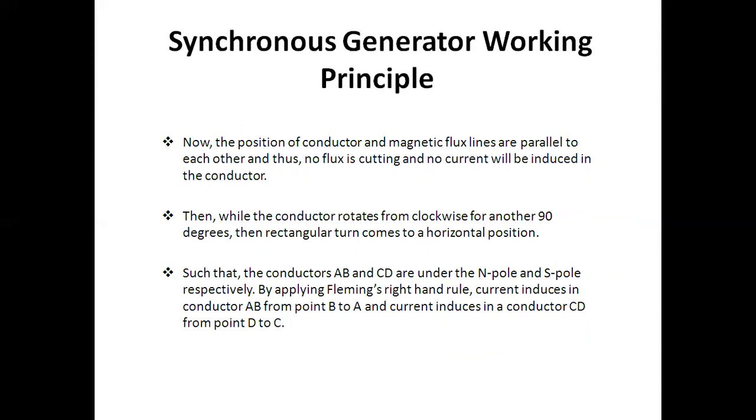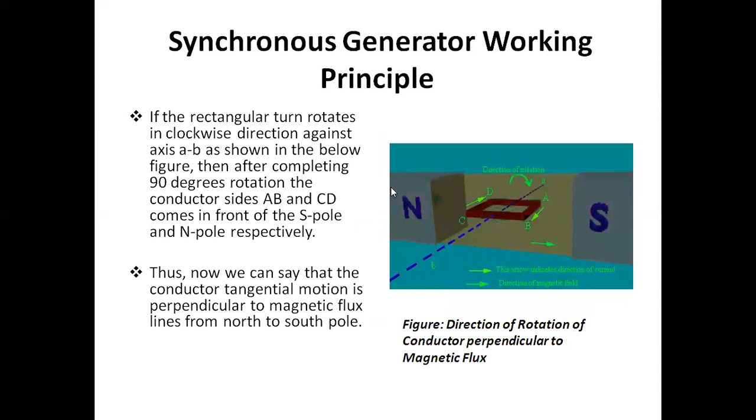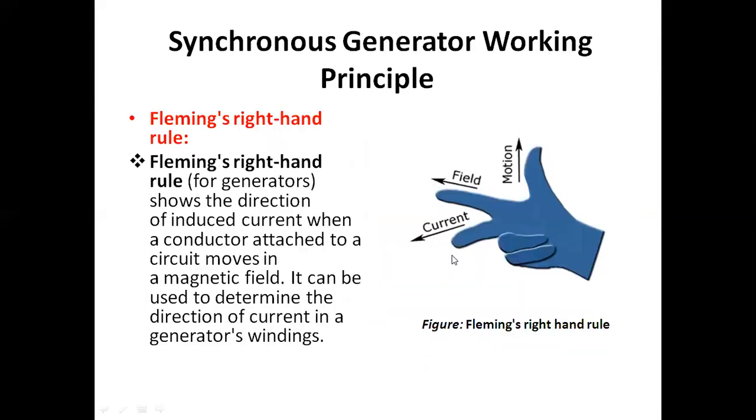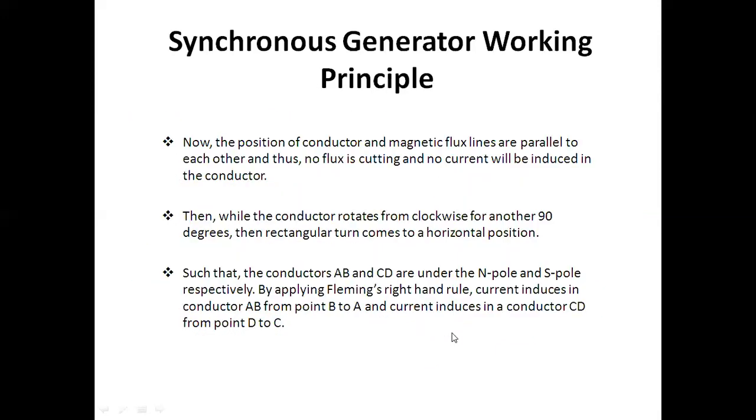Now applying Fleming's rule, in conductor AB the current is flowing from B to A, whereas in the previous case it was flowing from A to B. In conductor CD the current is flowing from B to C, whereas in the previous case it was from C to D. So there is a change in the direction of current.